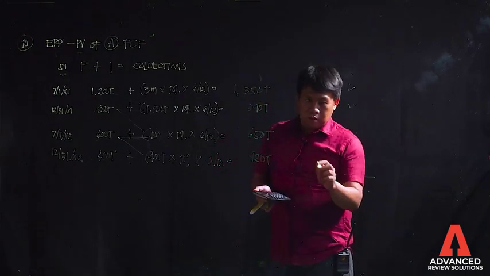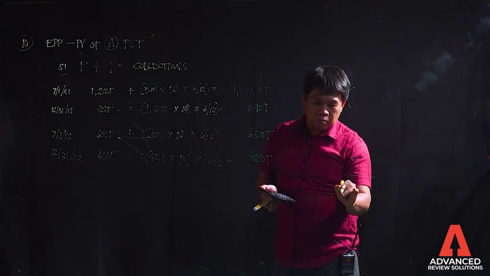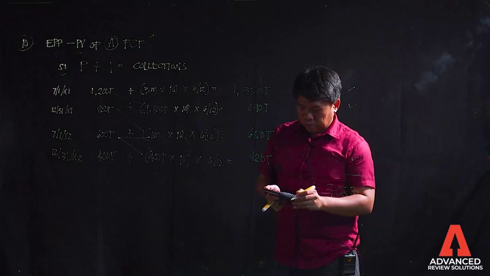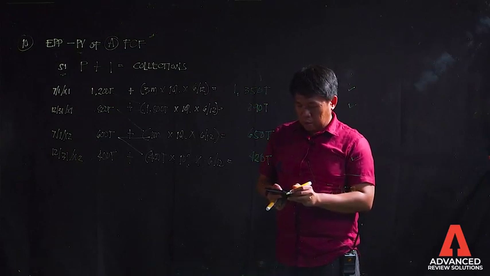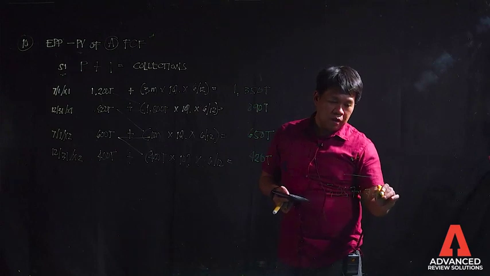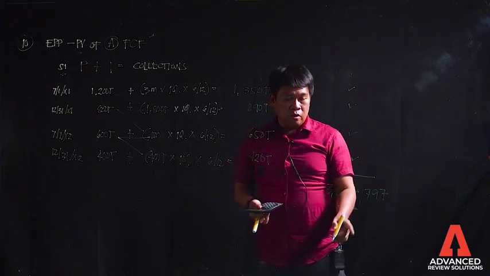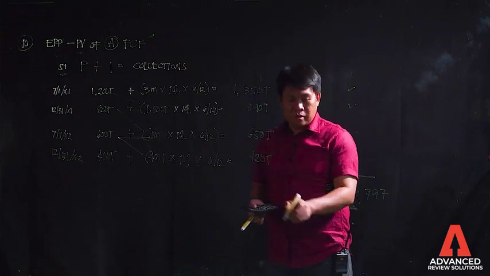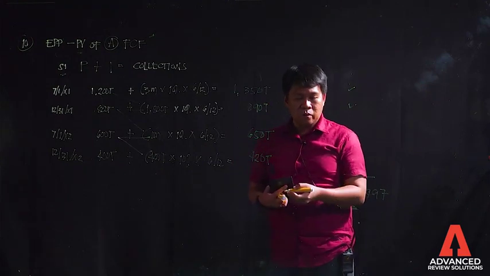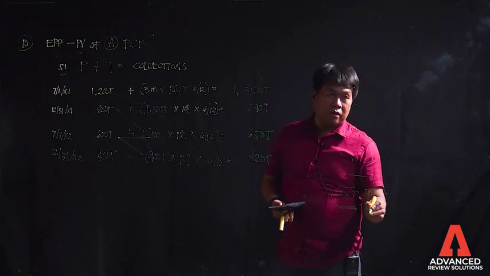So, ang total niyan class, this is now 3,057,797. Okay? And this is now the estimated purchase price of the serial bonds as of January 1, 20X1. At ito ang sagot natin sa item 10.